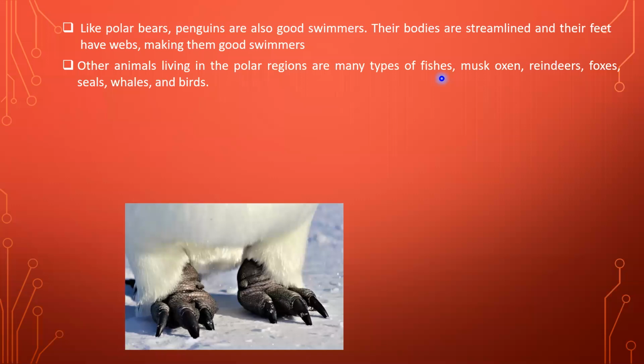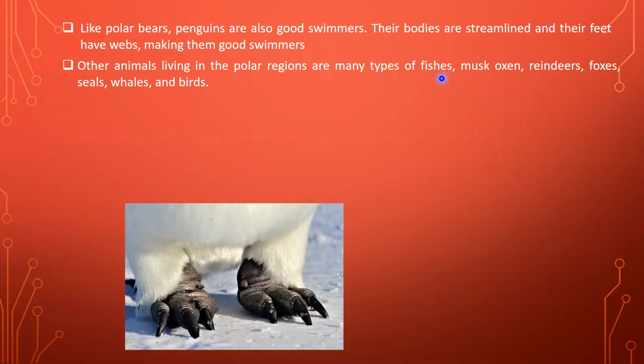Fox can also be seen in our area, and it can live in such an extreme cold region also, because they have adapted to that particular area. Like the tiger also living in India and also living in the polar region, so it has adapted. In the same way, foxes are also living there. Then seals, you have also seen seals, whales, and different types of birds, which are living in such an extreme cold region.